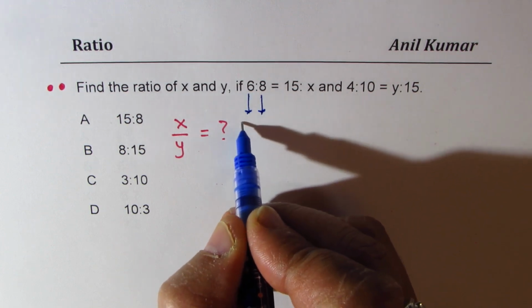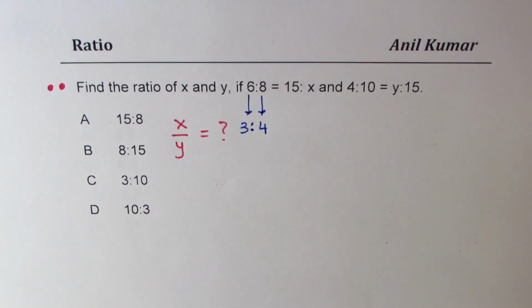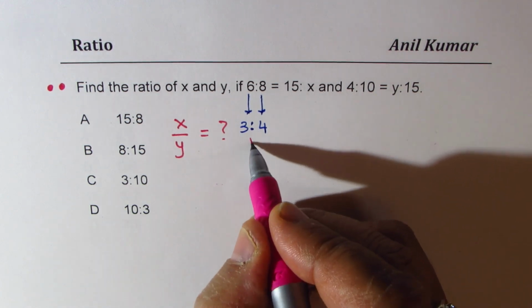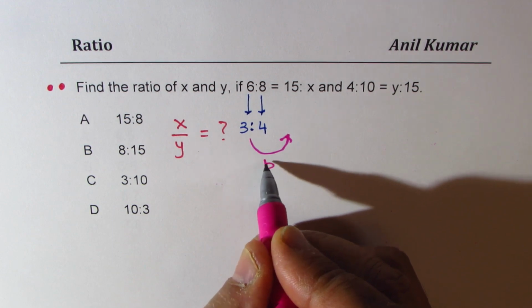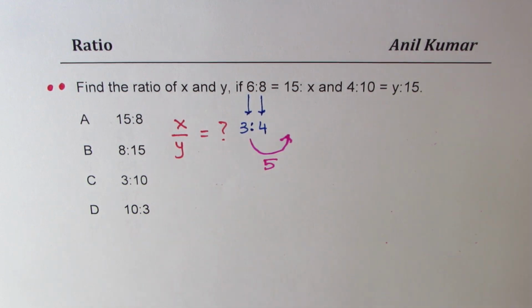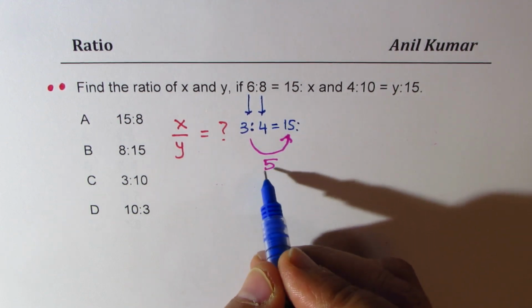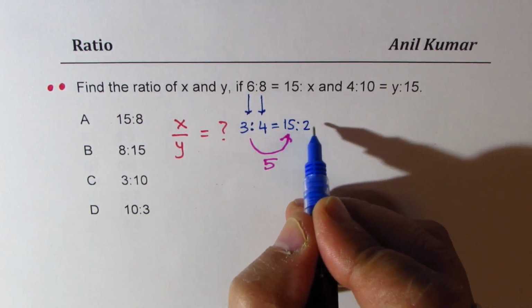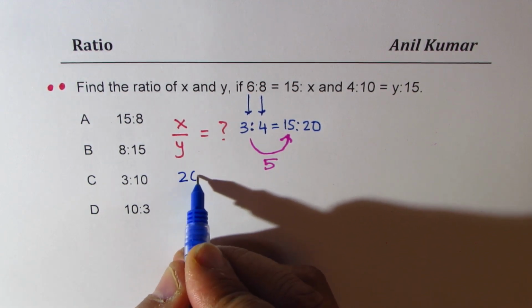Dividing by 2 gives us 3:4. Perfect. And now we can look for the scale factor. Now the scale factor here is 5. If I multiply 3 by 5, I do get 15, right? So this is equal to 15 is to 5 times 4 is 20. So we know x is 20.